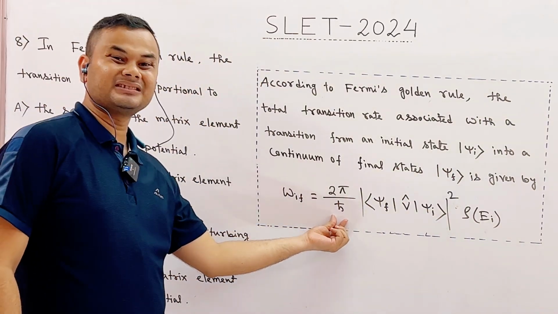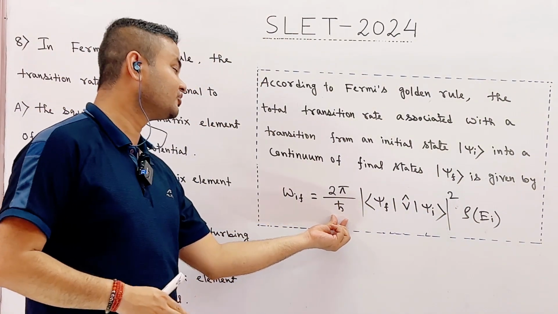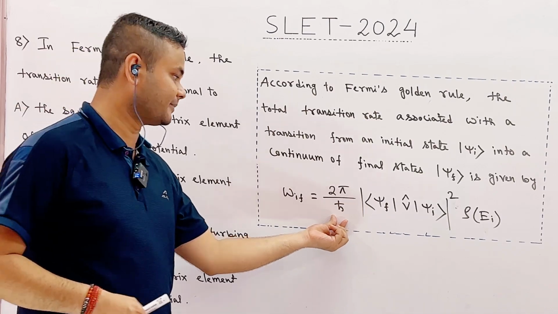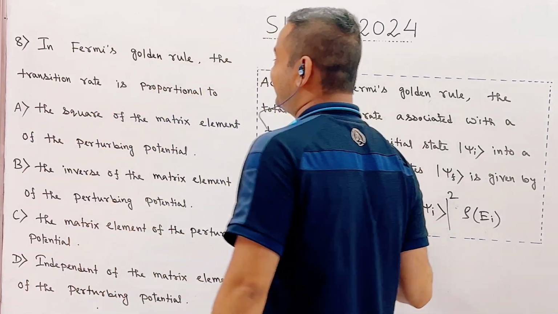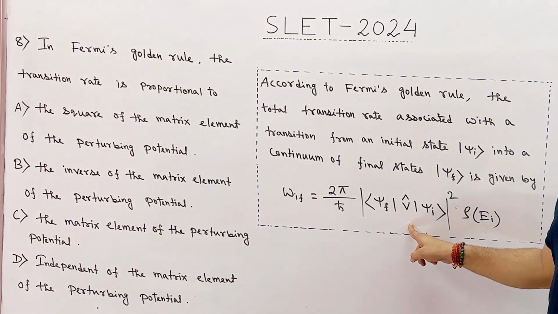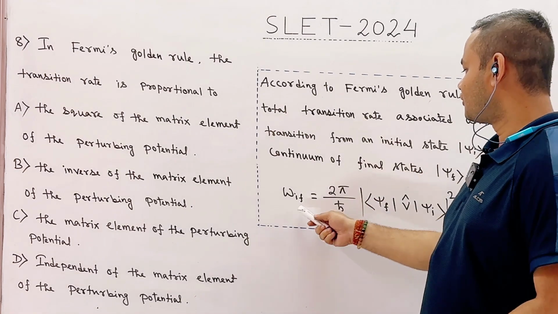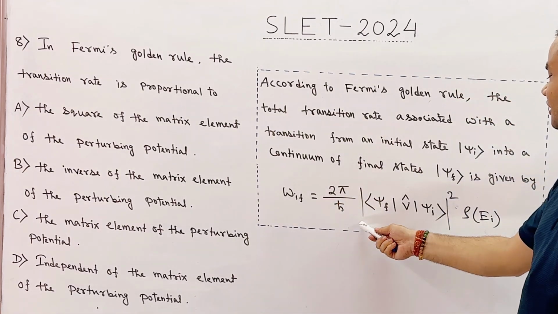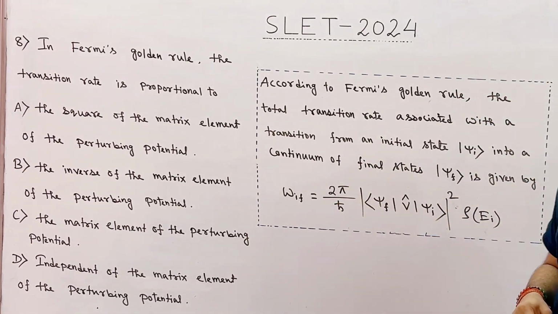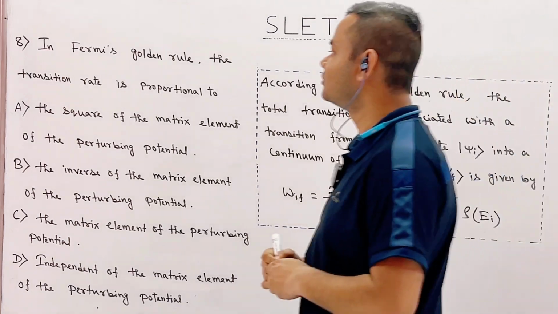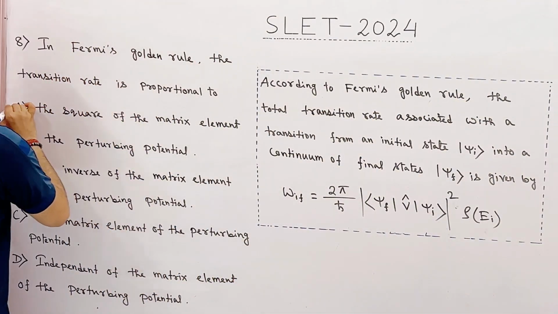Here h cross is the reduced Planck constant whose value is h by twice pi, and this term is known as the square of the matrix element of the perturbing potential, and this term is known as the density of states at energy EI. So here we have seen that this transition rate is directly proportional to the square of the matrix element of the perturbing potential. So therefore the correct answer is option A.